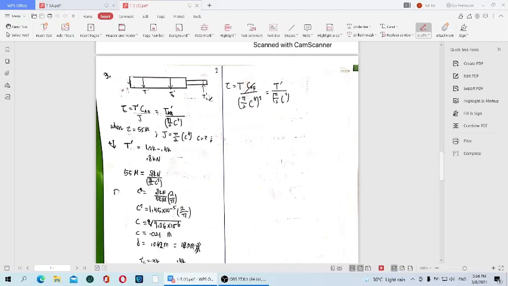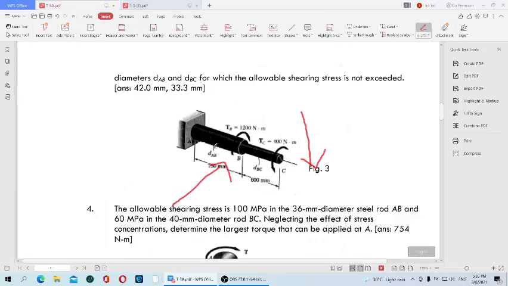But when we're talking about internal torque, the direction will be different but have the same magnitude. Remember, we were using this equation. In this equation, the value of torque must be internal. So you need to convert this applied torque into its internal value.